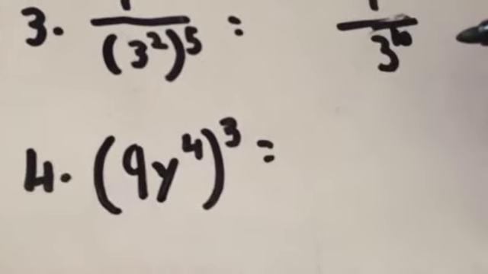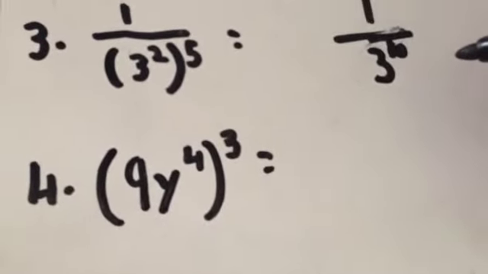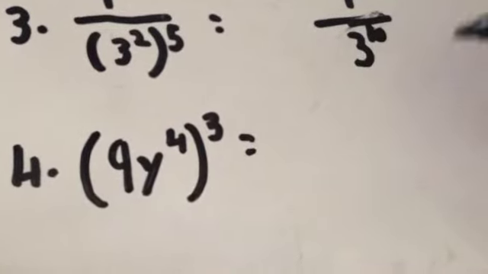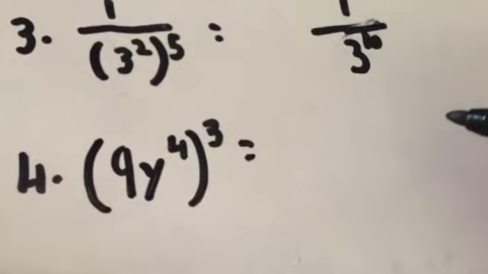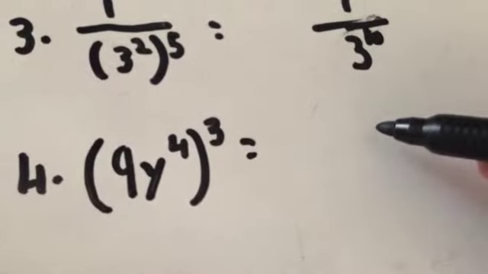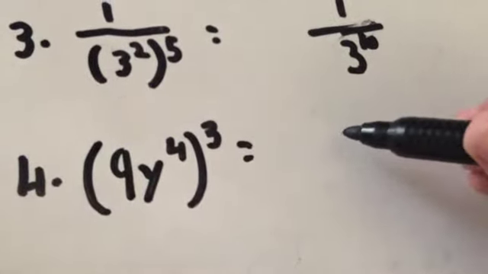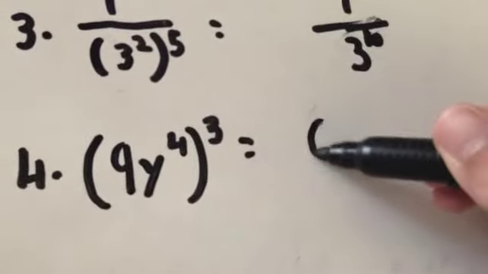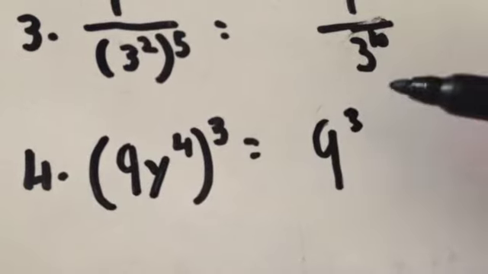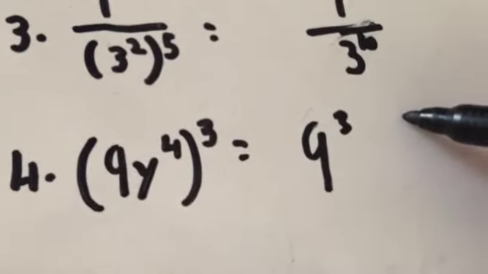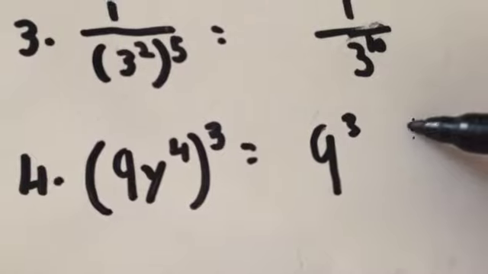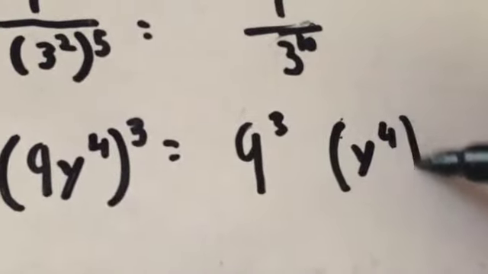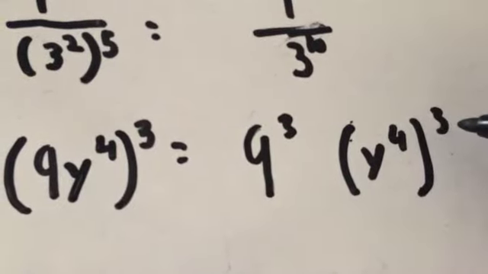Next here we have 9y to the power of 4 bracket to the power of 3. A way you could look at this, if you want to simplify it for yourself, is to separate what you've got here. So you could look at it as 9 to the power of 3, and bracket y to the power of 4 bracket to the power of 3.